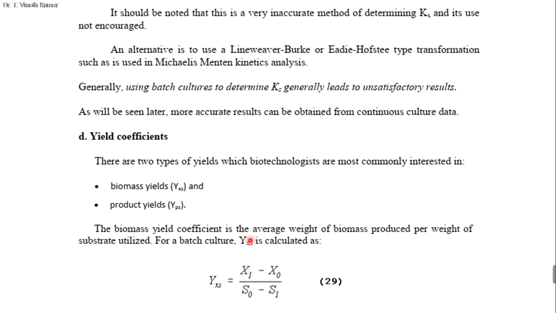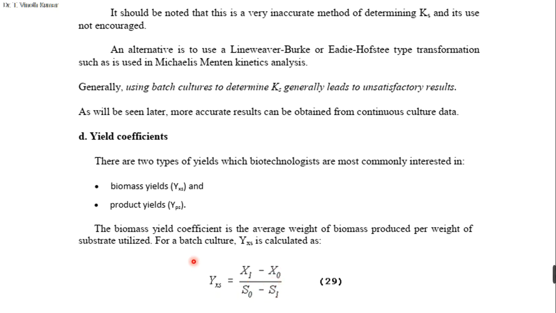The biomass yield is calculated based on this formula: X1 minus X0 divided by S0 minus S1. That means X1 is the biomass after the fermentation process minus the value before the fermentation process, divided by the initial substrate concentration minus the end substrate concentration.